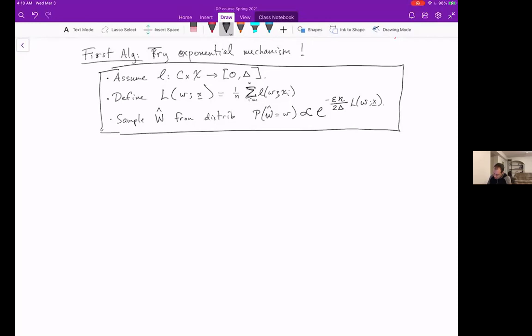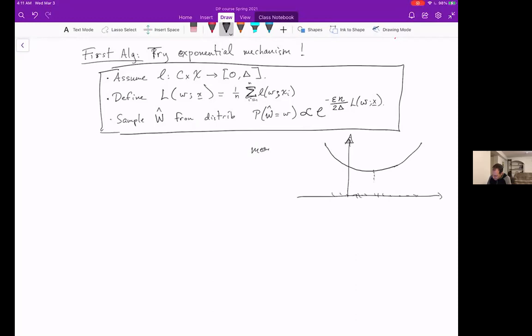So maybe it's actually not even crazy to work out a very straightforward example of that. So for example, if I've got the mean, depending on where my data points are, the loss function is quadratic.